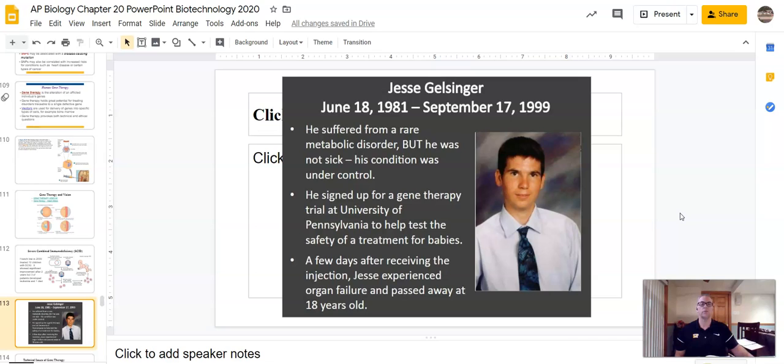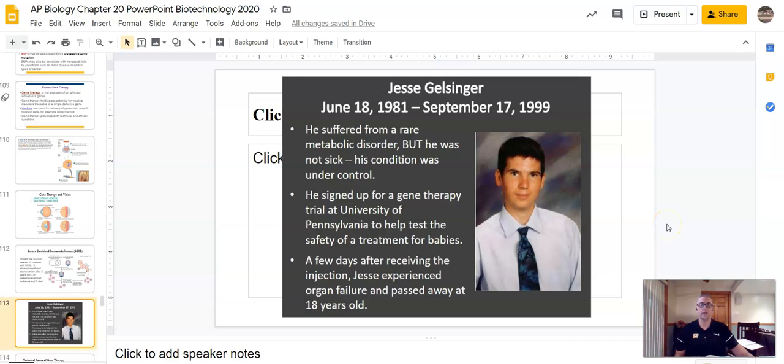Another case that took place early on in gene therapy was the Jesse Gelsinger case, in September of 1999. In this particular case, this boy was 17 or 18 years old, and he had a rare metabolic disorder, but he really wasn't suffering from it at that particular point.